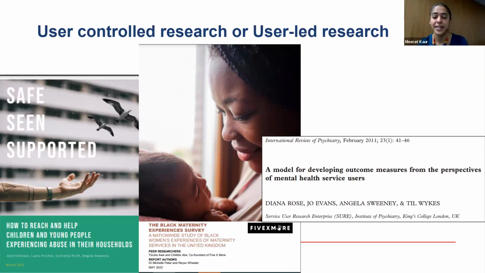User-led research has its historic roots in disabled people's movements, but also in communities of racialized folk who felt that research didn't really hear what they were saying and didn't really respond to them, and that they were excluded from research. The thalidomide situation in the 60s and 70s is a really good example of this.